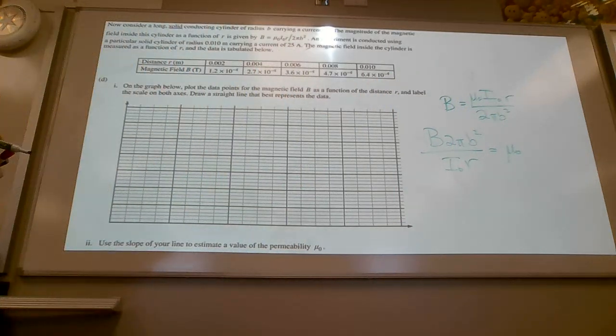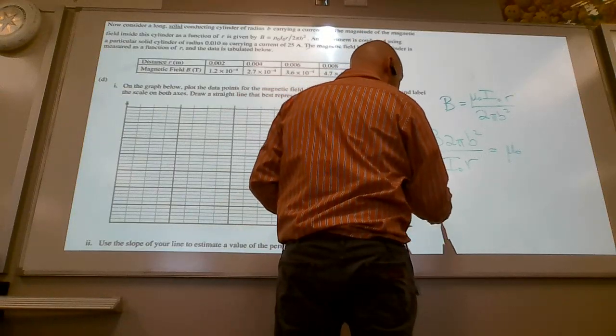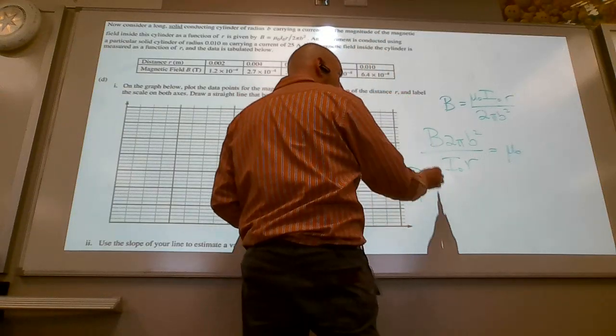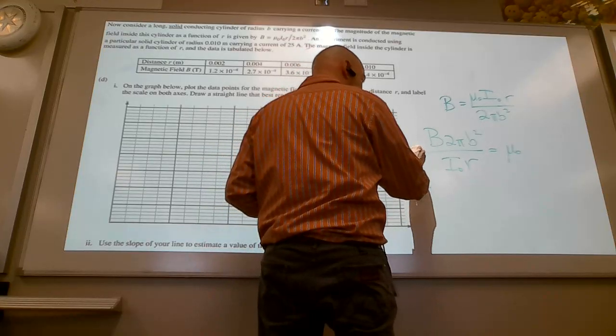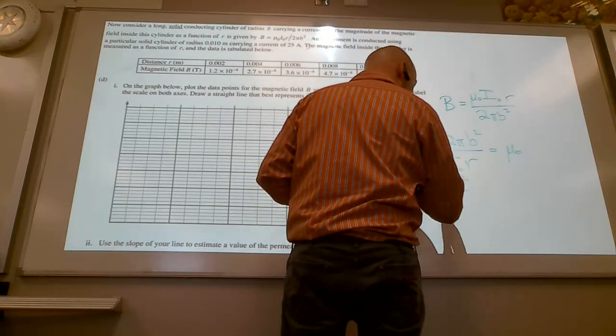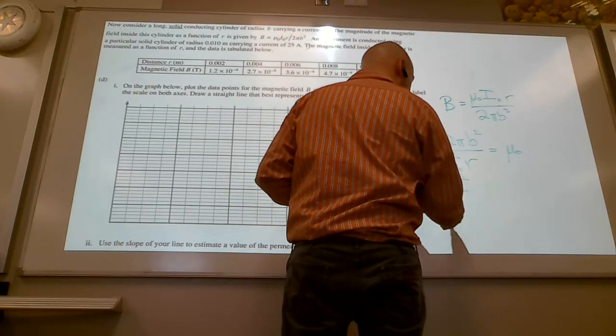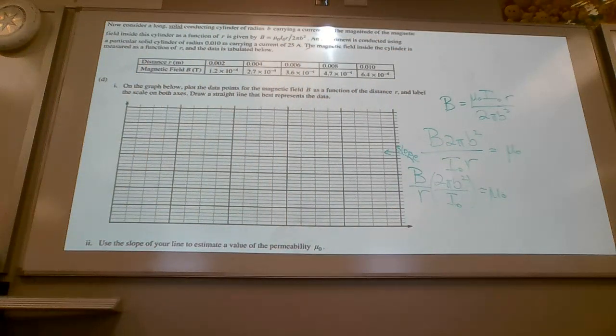They gave us this. So we find the slope with this times 2 pi b squared over I. Yeah? Look at that. Done.